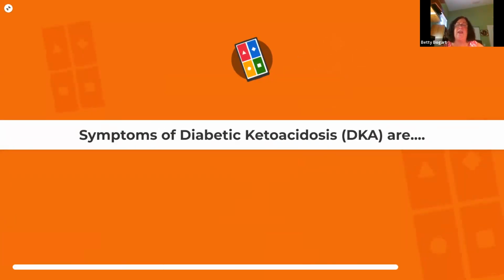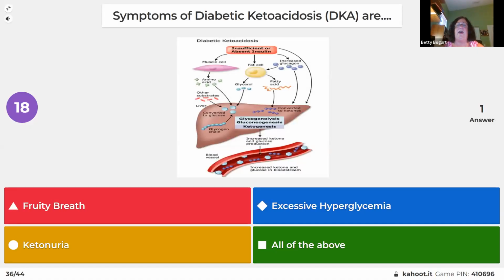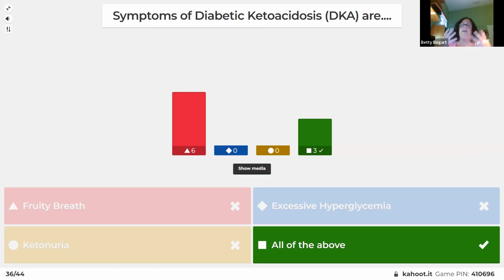Symptoms of DKA, diabetic ketoacidosis. I've worked in the emergency room where we have type 1 diabetics that come in DKA. And what do I see? Well, you see this child come in, usually more of the adolescent who don't work with their diabetes well.